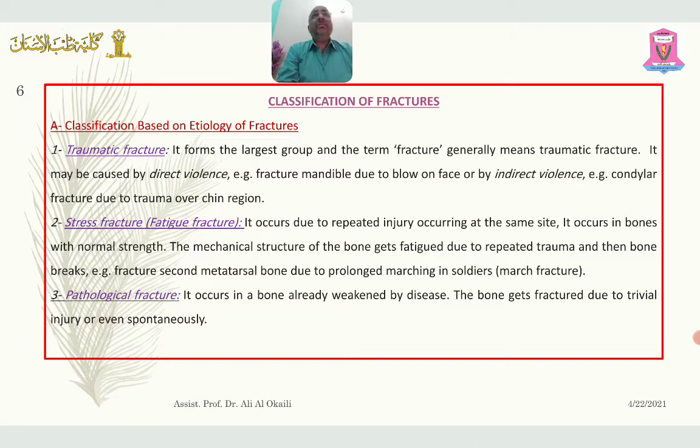Or causative factor الآخر هو pathological fracture.